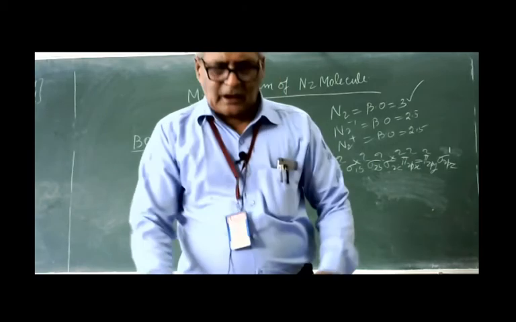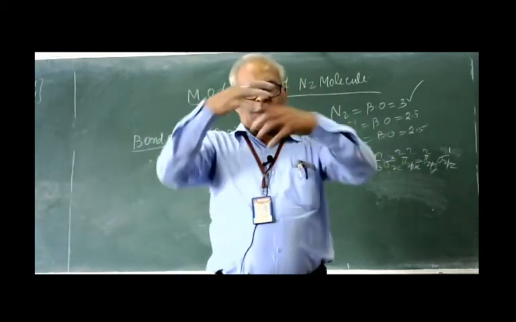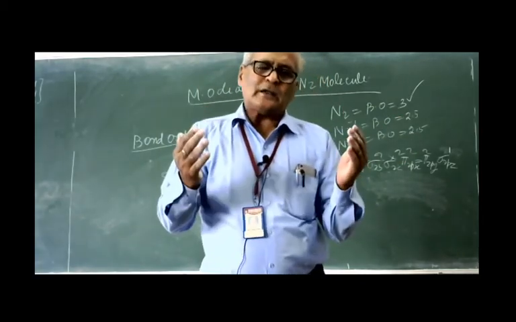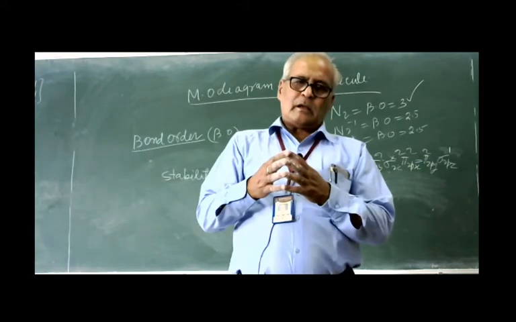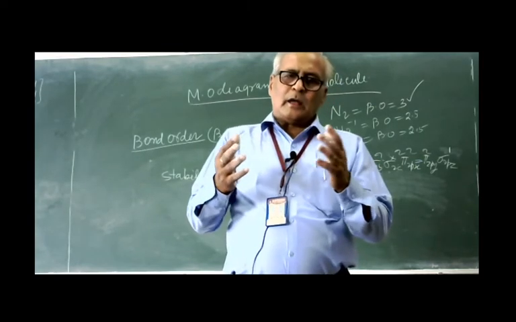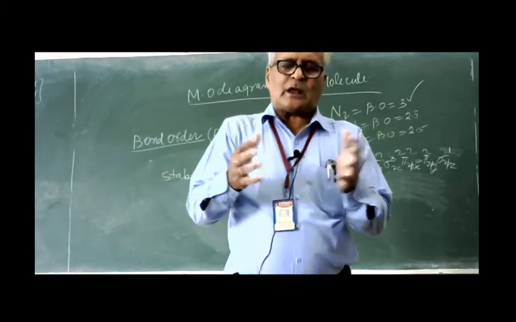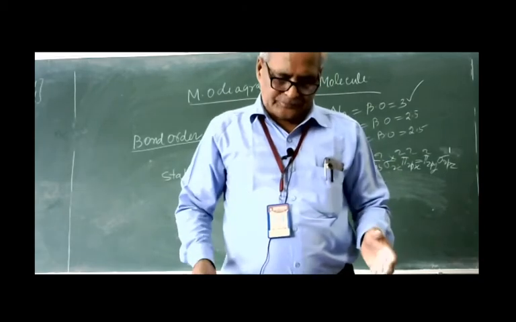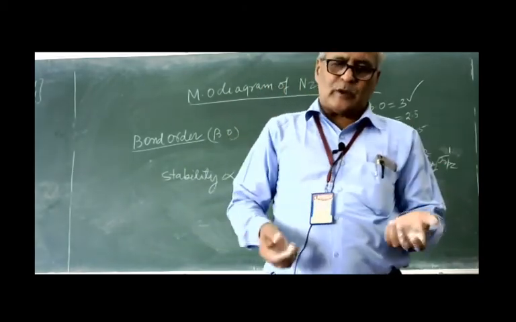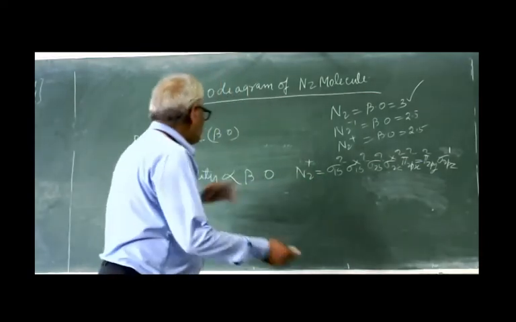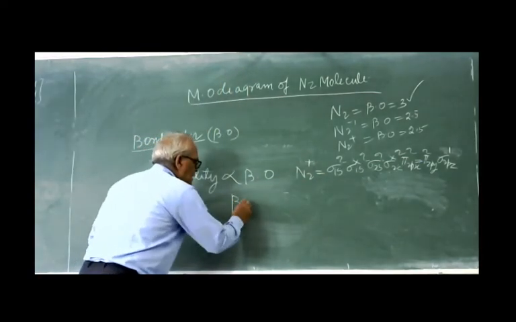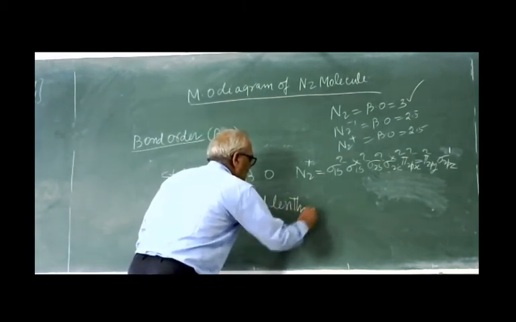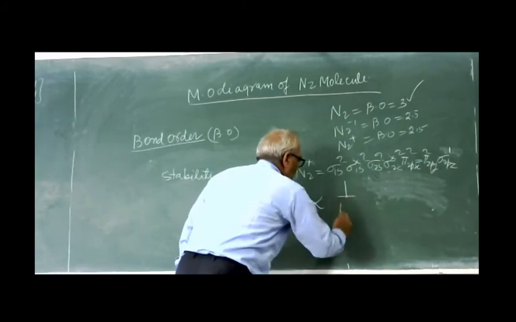When an atomic orbital overlaps another atomic orbital, for maximum overlapping the atoms must come close to each other, and therefore the bond length will be smaller. So you can say bond length is proportional to 1 upon bond order.